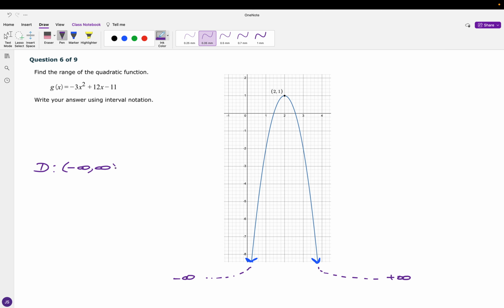Now for the range itself, you're looking at the y values. The graph peaks at the vertex, which is the high point, so you're maximizing at the y value of 1, and everything else is going to be less than that.